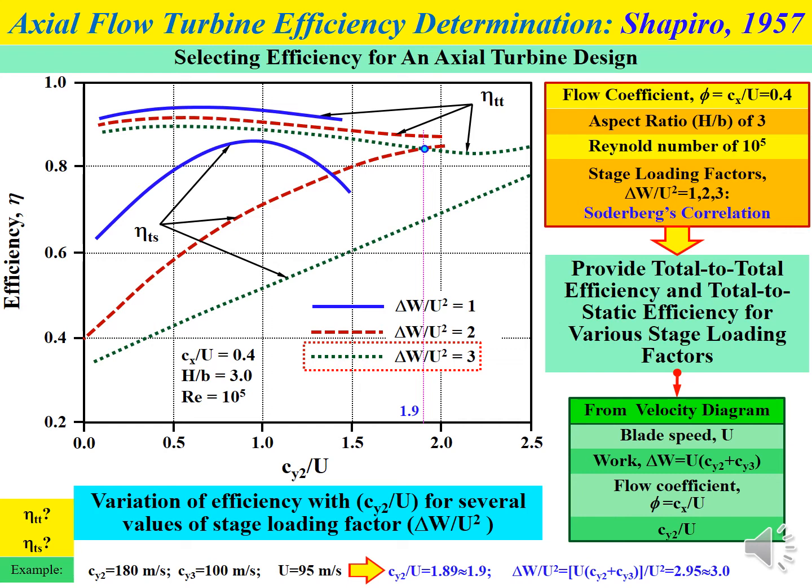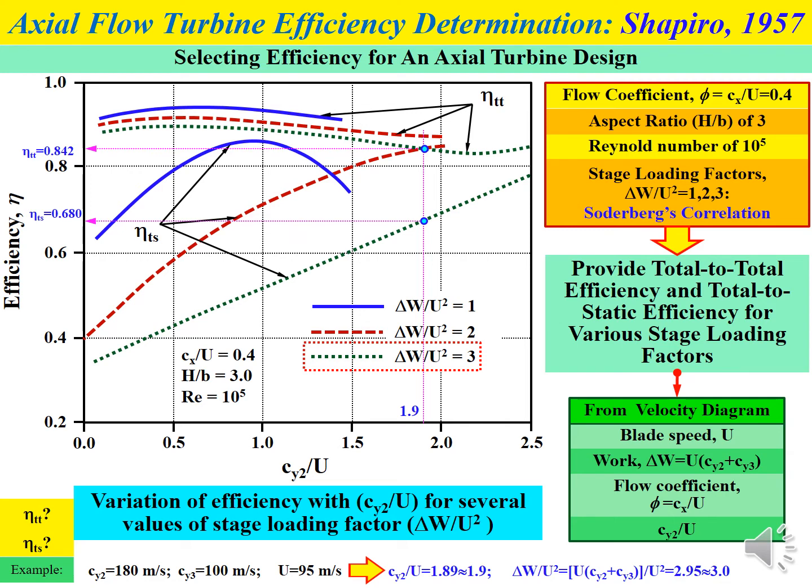Find the intersection point with the total to total efficiency curve, the green dotted line. So we get the value of total to total efficiency, which is equal to 0.842. For total to static efficiency, find the intersection between the 1.9 vertical line and the green dotted line for total to static efficiency.